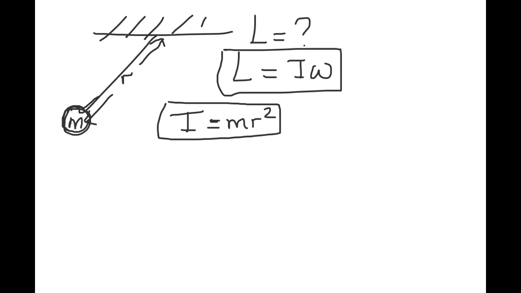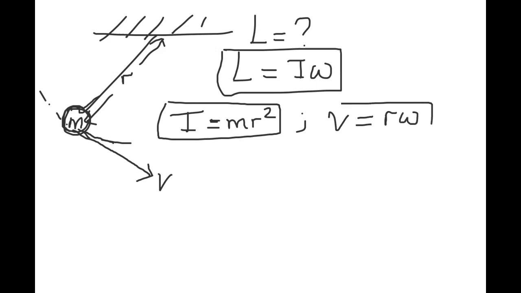I also want you to remember that the linear velocity of such an object is related to the angular velocity. There's a formula: velocity is equal to the radius, or radial distance, times omega. I hope you remember that.